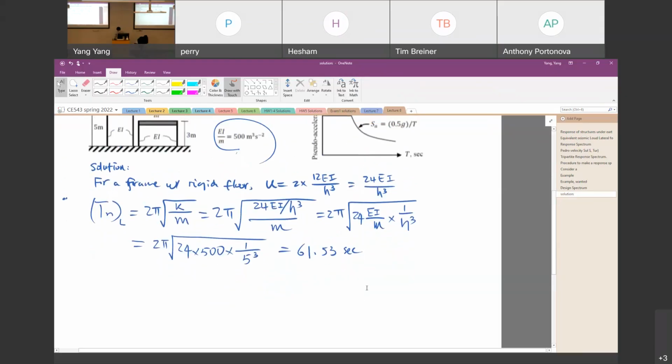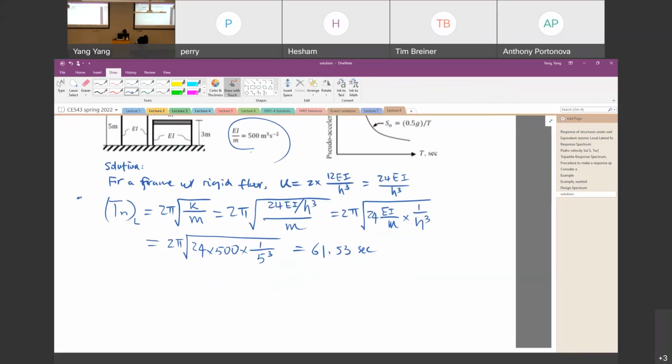Any questions up to here? Because now as we calculate the k value, we should be able to calculate the natural frequency here. So similarly, we can calculate the natural period on the right.